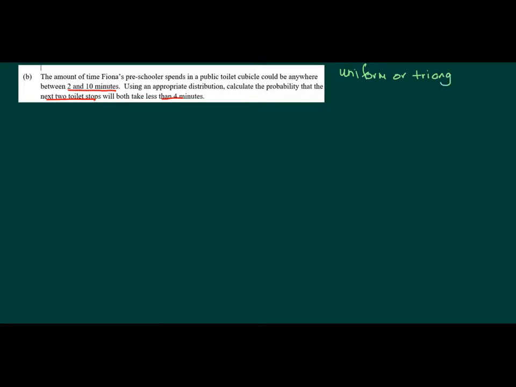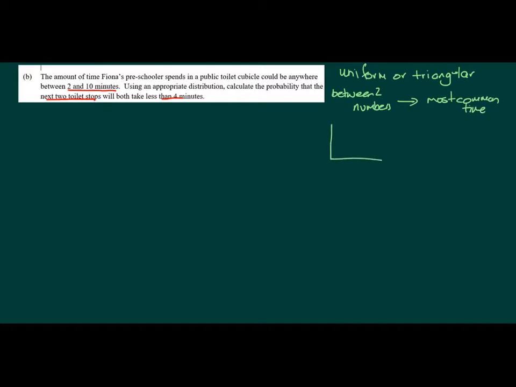Now, the difference between uniform and triangular in terms of the questions is that uniform will say between two times or 2 numbers, and so does triangular, but triangular will also say a most common time or usually or something like that as well.